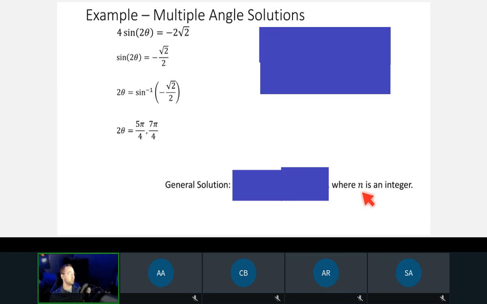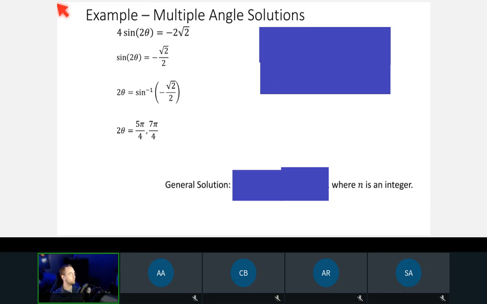Before we do any math, we should set up the equations. That's what I was looking for. We have 2 angles, so we should have 2 equations. 2 theta equals the first angle, and 2 theta equals the second angle.